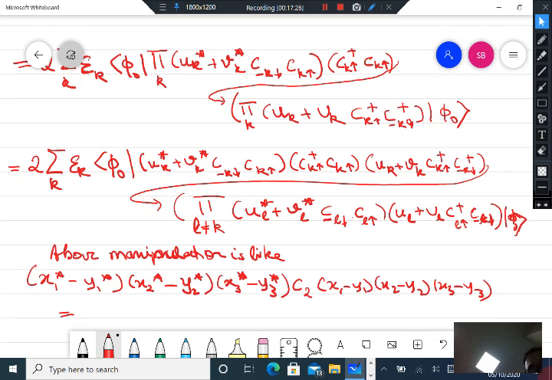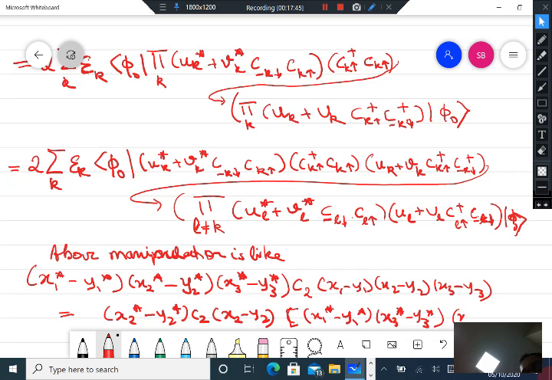I'm just taking some product of some terms, and (x1 − y1)(x2 − y2)(x3 − y3). Then I can separate this out into (x2* − y2*) c2 (x2 − y2), and then there is a bracket of the remaining (x1* − y1*)(x3* − y3*) and (x1 − y1)(x3 − y3).